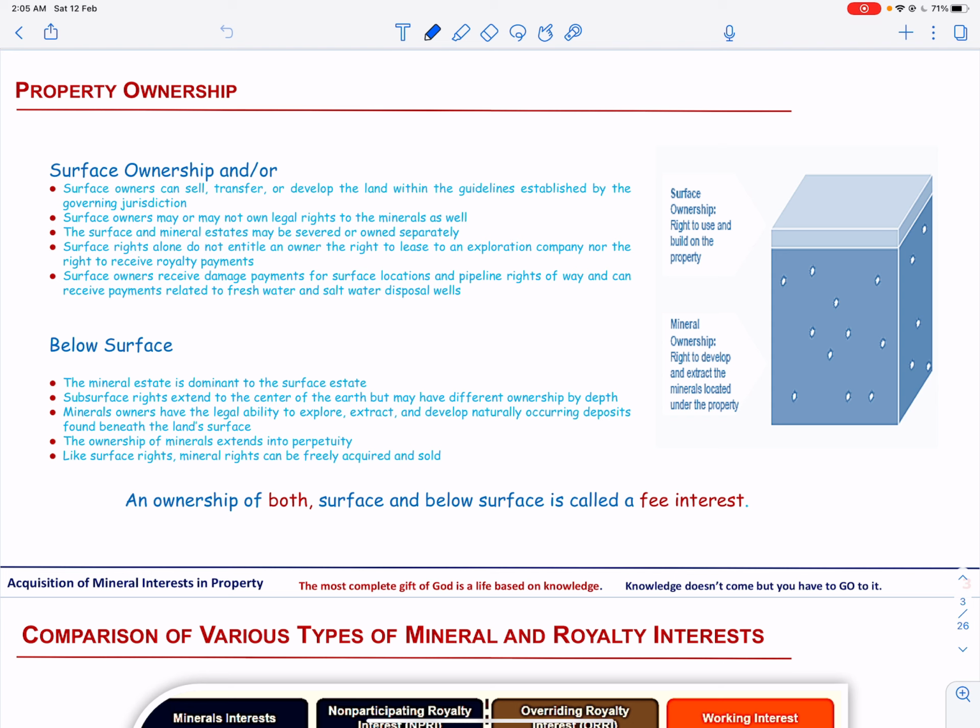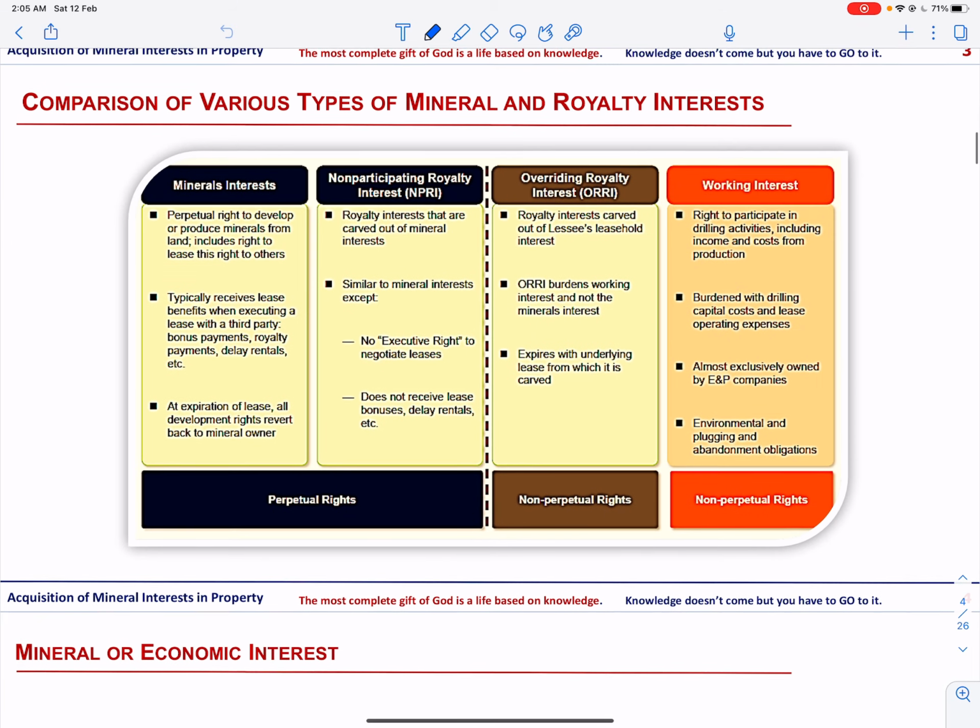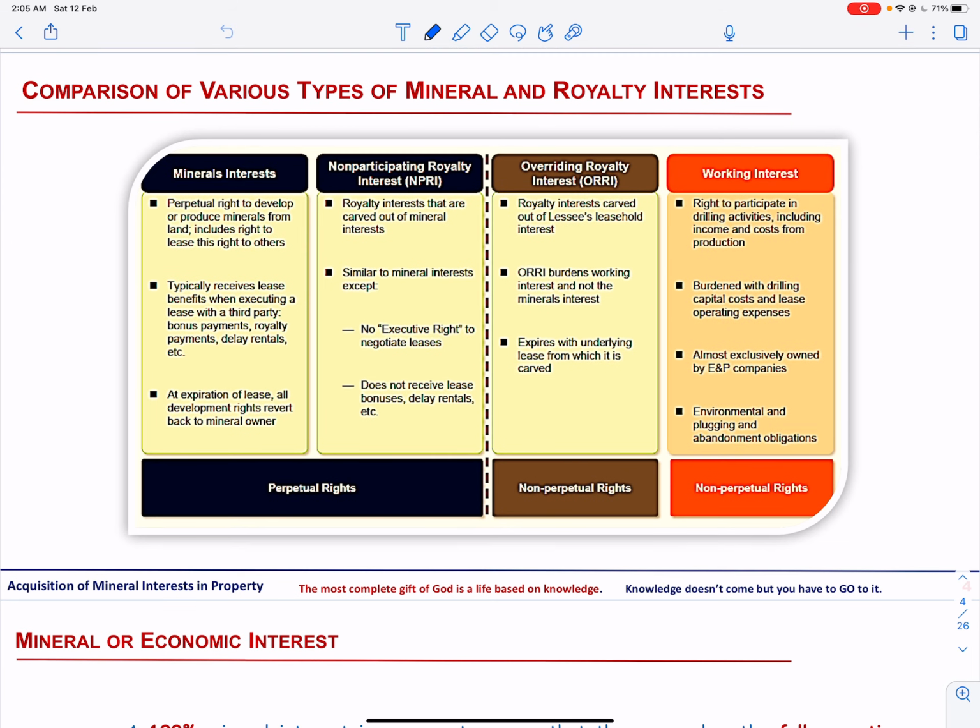Let us now talk about the types of mineral and royalty interest. Royalty interest and the mineral rights can be classified into two broad categories. There may be perpetual rights and there may be non-perpetual rights.